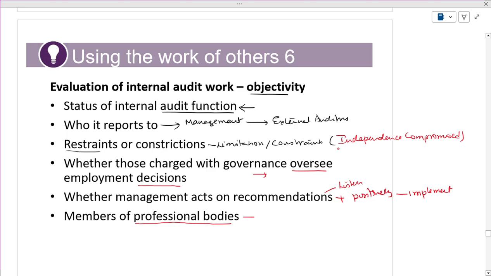Nowadays, when you employ a chief internal auditor or internal auditor, they will look at the audit qualification, whether you have ACCA or any other audit-related qualification. That will give you an additional advantage. In simple terms, these people have to be professional people.